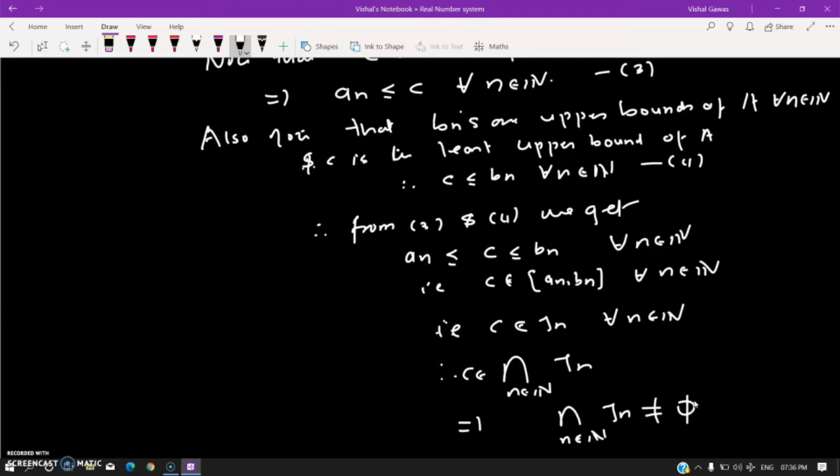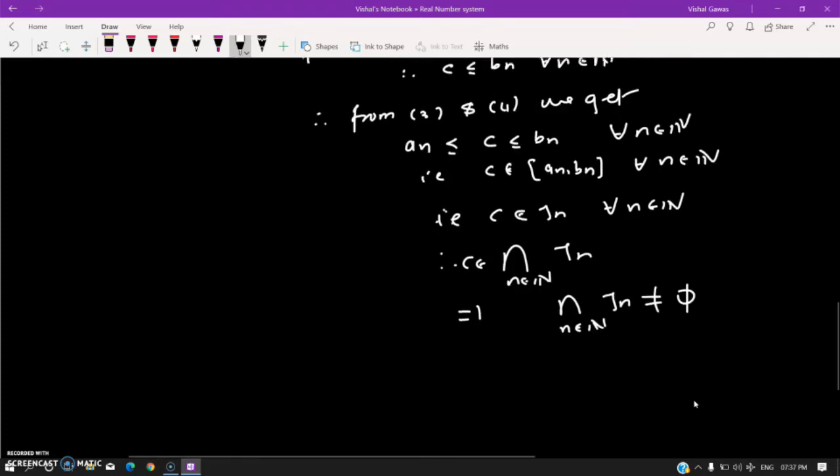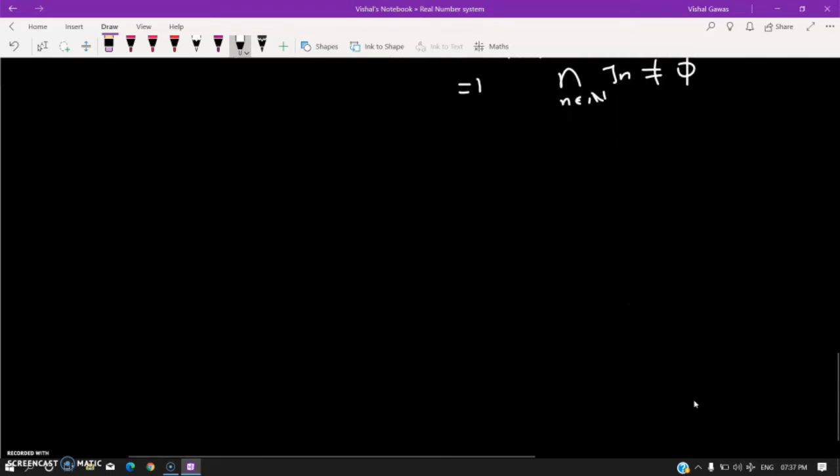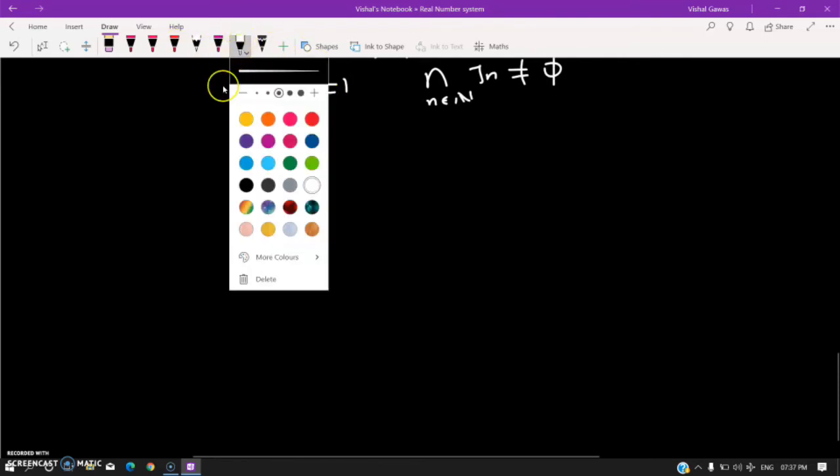Okay, let's look at more properties of real numbers. So let's look at this function called the absolute value function, or modulus function. You must have seen these things.